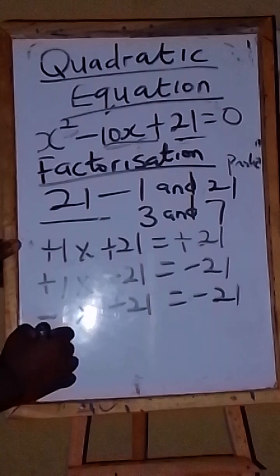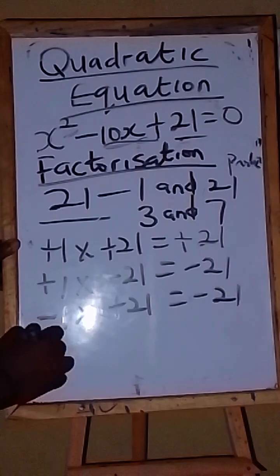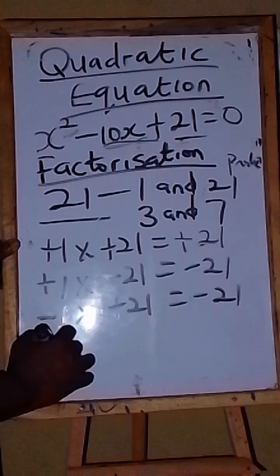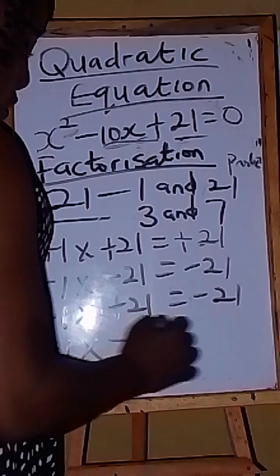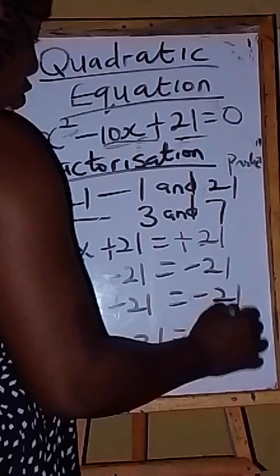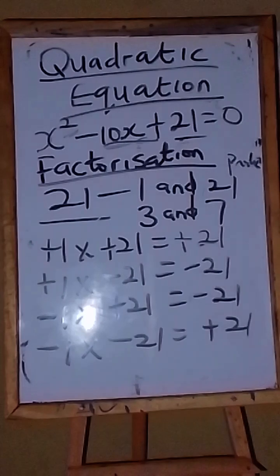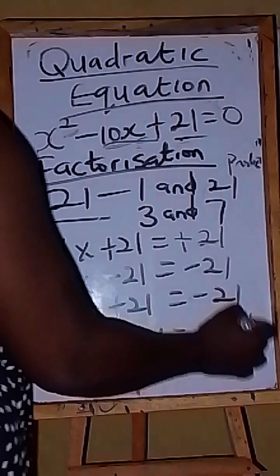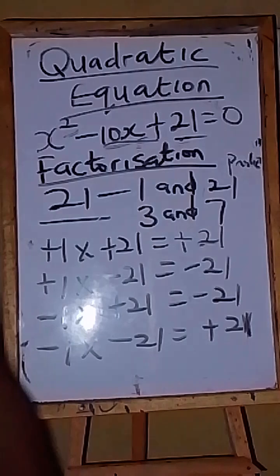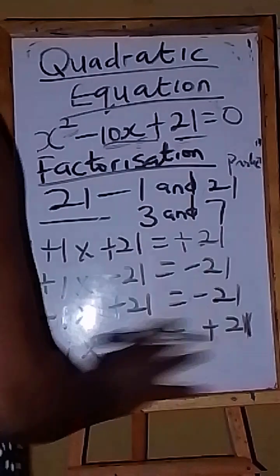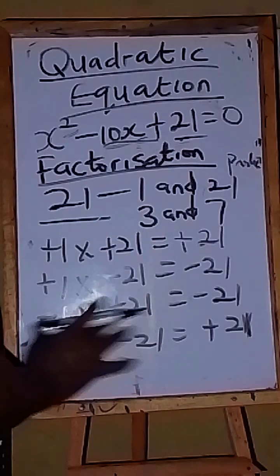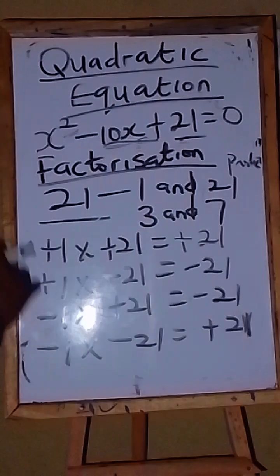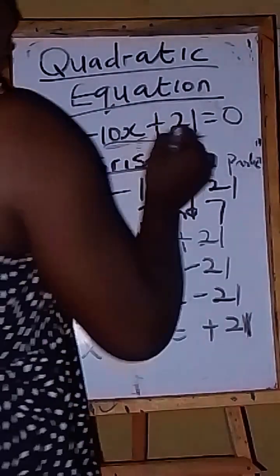The next one, we'll pick minus 21 times minus 21. So, we have plus 21. So, looking at this, these are all the products for the first one.